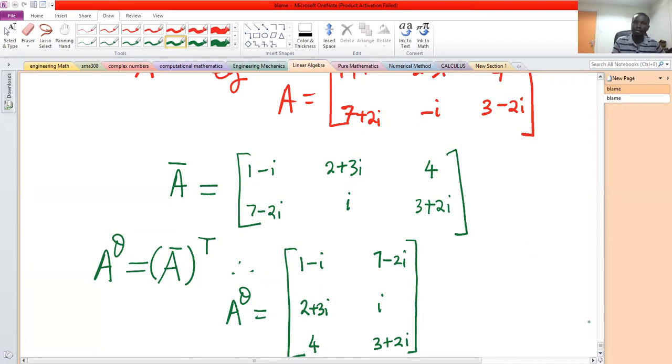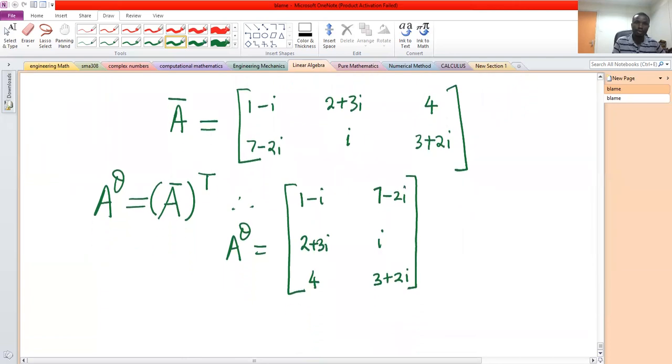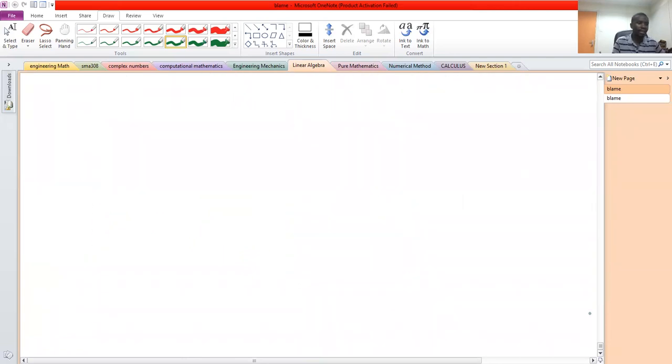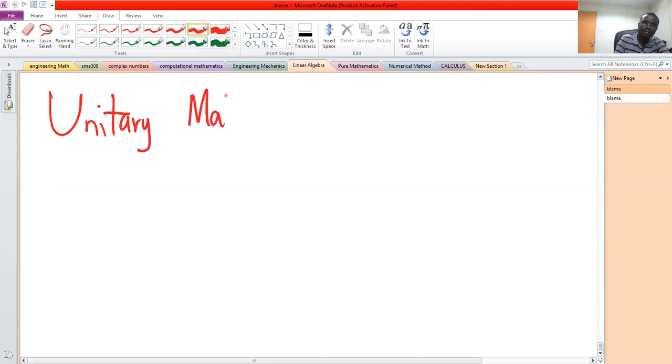And then let's give another definition, of what we call a unitary matrix. Remember, unitary is different from unit.